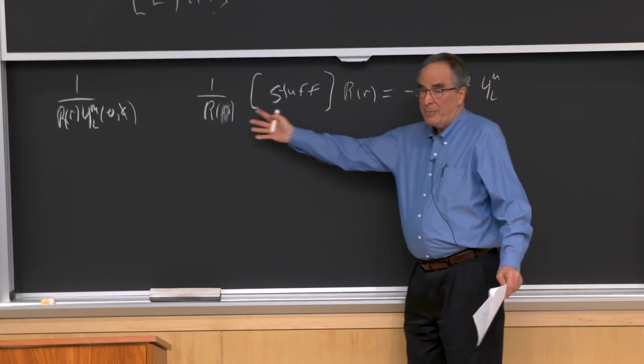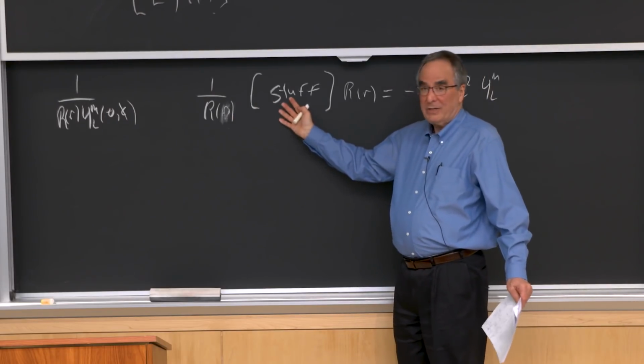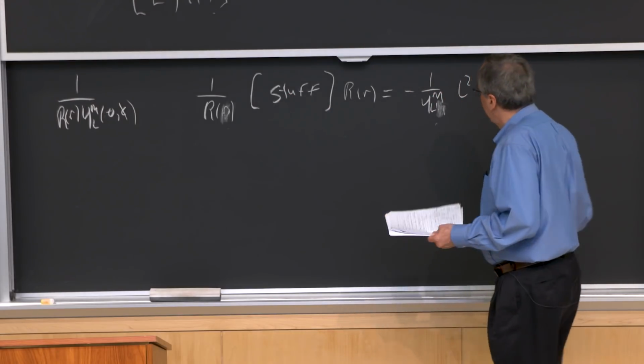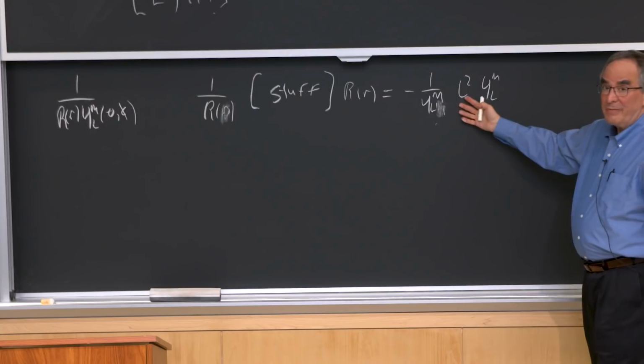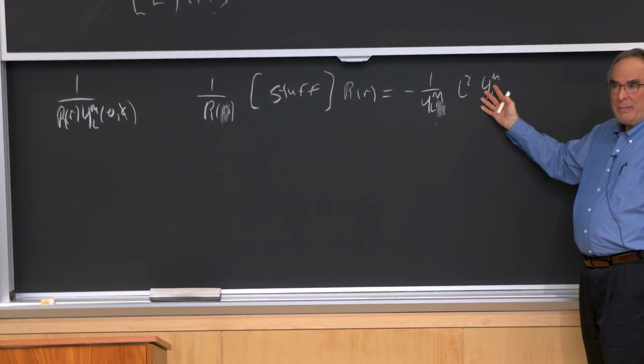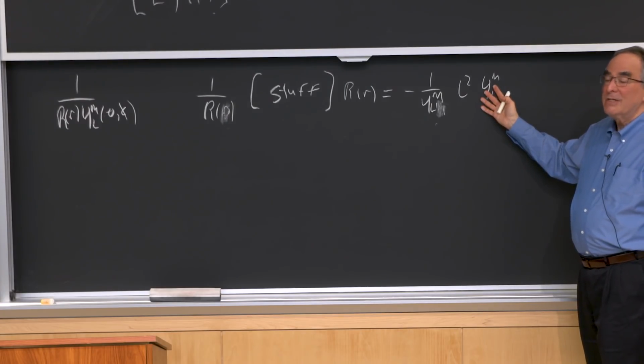Okay, so this is the separation. This is all R stuff, this is all theta stuff, and the separation constant, well, this one is inviting a separation constant because L squared operating on Y_lm is h bar squared l(l+1). That's the separation constant.